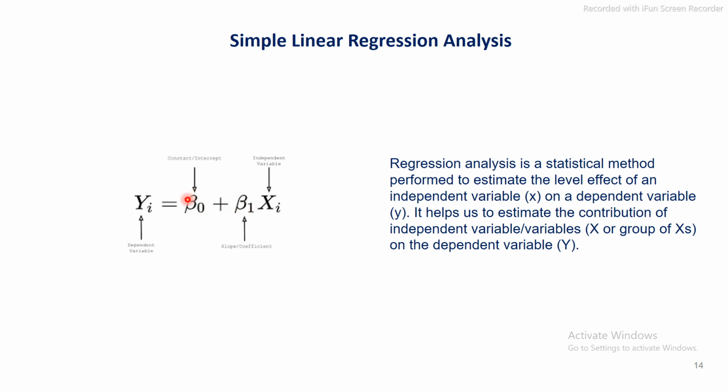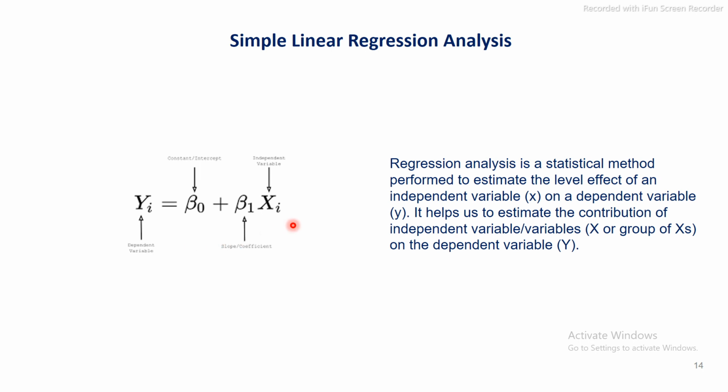And c is your constant term. There is also some error part associated with this, but normally we write y equals mx plus c. This is the line of a simple linear regression.